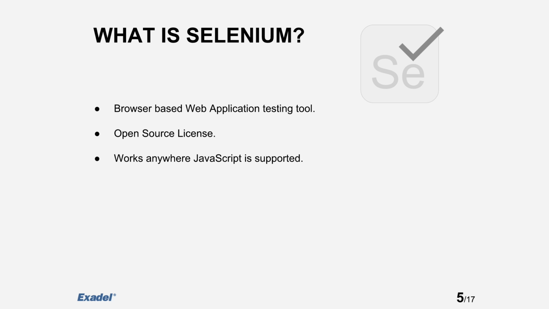Written in Java, Selenium accepts commands and sends them to a browser. It makes it possible to write automated tests for a web application in many programming languages, which allows for better integration of Selenium in existing unit test frameworks.